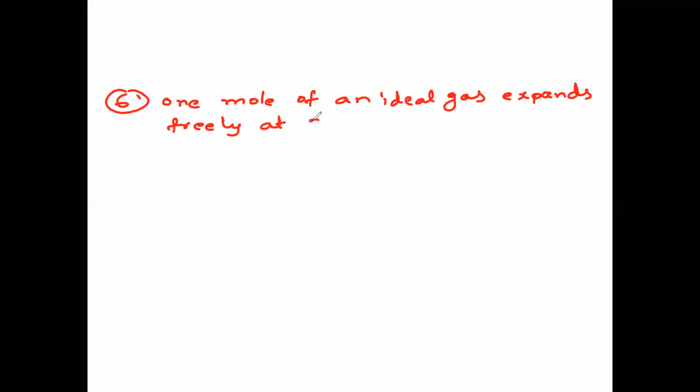1 mole of an ideal gas. This is very important. This is a neat, concept based question, please note it down. 1 mole of an ideal gas expands freely at 310 kelvins from 5 liters volume to 10 liters volume.